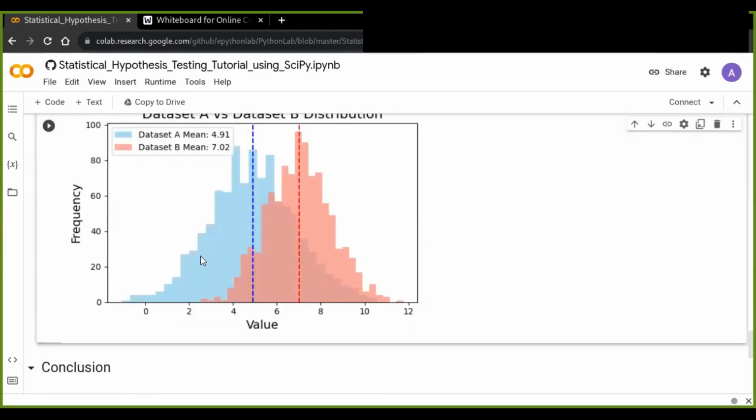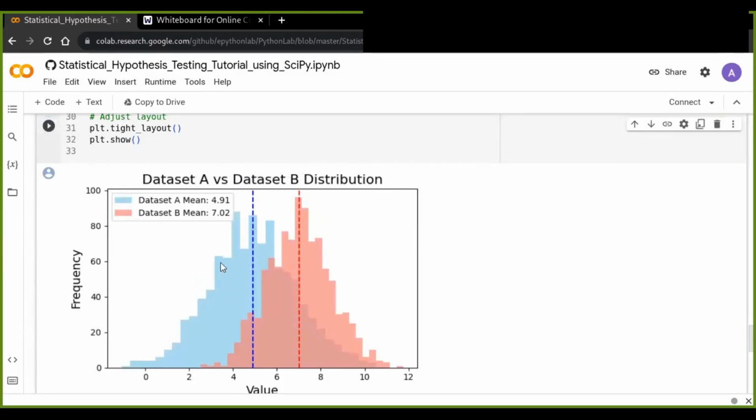So here you can look at these distribution plots, dataset A versus dataset B. You can understand by looking at the colors of your dataset. The left side represents dataset A. The mean is the dashed line that shows us the center of the dataset, which is the mean of the data.